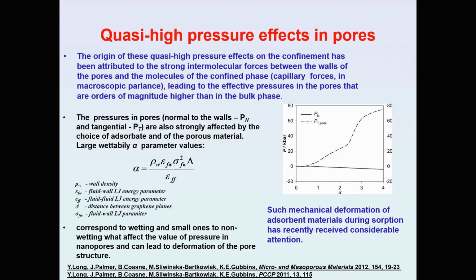The origin of this quasi-high pressure effect of confinement has been attributed to the strong intermolecular forces between the walls of the pores and the molecules of the confined phase. It was shown that the pressure in pores, tangential pressure and also pressure normal to the wall, can be strongly affected by the choice of adsorbate and the porous material, and can be described as a function of the wettability alpha parameter.